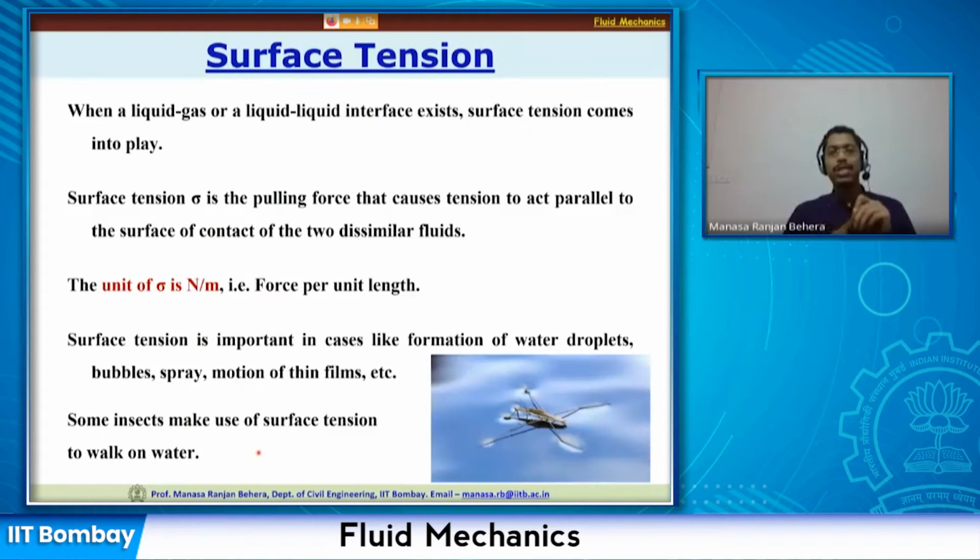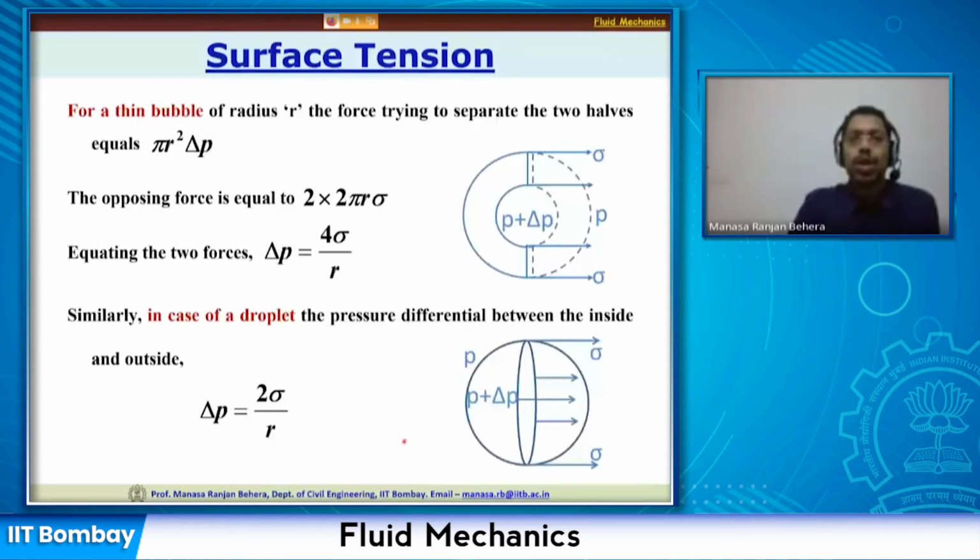Okay. The surface tension is important in cases like formation of water droplets, bubbles, spray, or motion of thin films, or the inkjet printers, and so on. Now, to understand slightly more, let us talk about a thin bubble of radius r. The force trying to separate this bubble into two equal halves is equal to what? The pressure acting on the surface multiplied by the surface area.